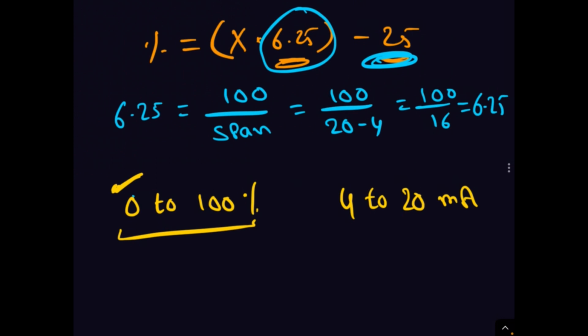But in the 4 to 20 milliamp signal, the starting value is not 0, which is 4 here. That's why here we added minus 25, because the 4 to 20 milliamp is not started with 0. Clear? This is how we can calculate the equivalent percentage signal from the 4 to 20 milliamp signal.